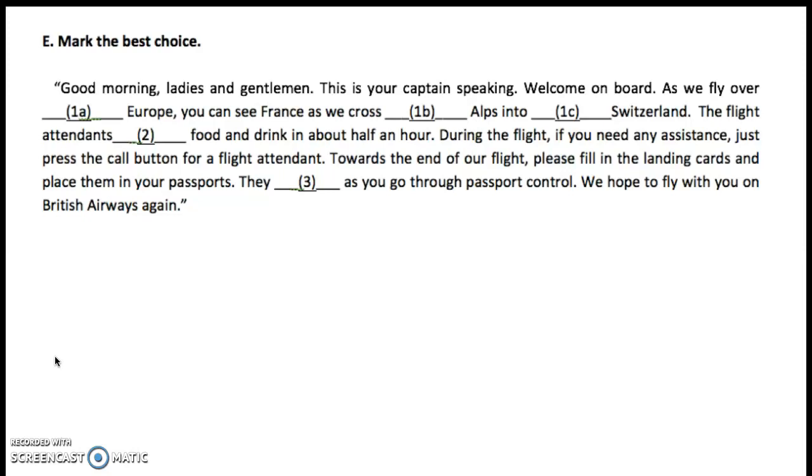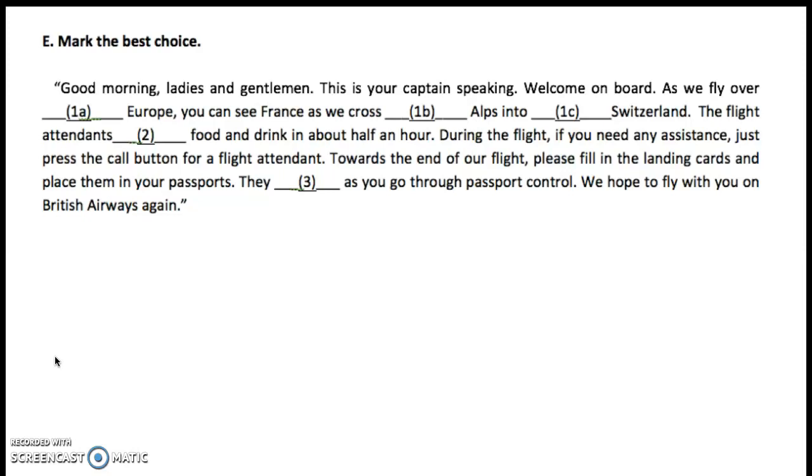Number 3 requires a passive structure because they refers to the passports, and passports cannot collect themselves. Somebody will collect them, and because we are on a plane, it is obvious that we are talking about airports and the agent is a police officer.